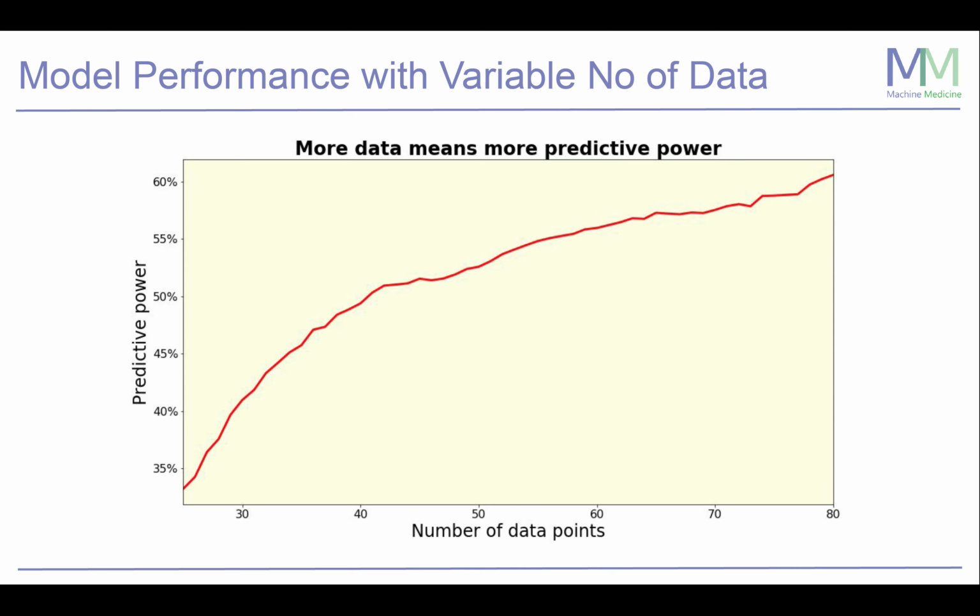What we see is a very characteristic signal, which suggests that as you increase the number of data points in the early stages, you get a very big benefit in terms of performance, and then that levels off into a much more linear regime. But the gradient is still extremely encouraging, and what we think this shows is that as we feed our system more and more data, there's every reason to think that the performance will just increase in quality.